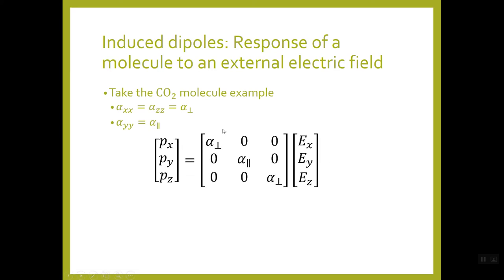So that gives us this tensor, with only the diagonal terms. And then if you multiply it out, you get, if you apply an electric field in the X direction, polarization and dipole moment in the X direction, in the Y direction, and the Z direction.